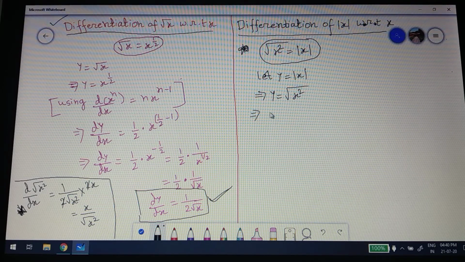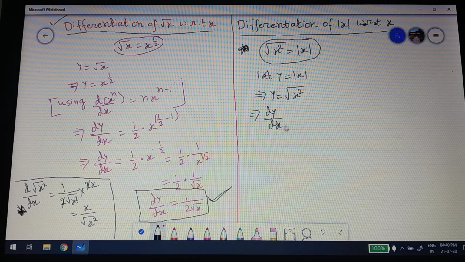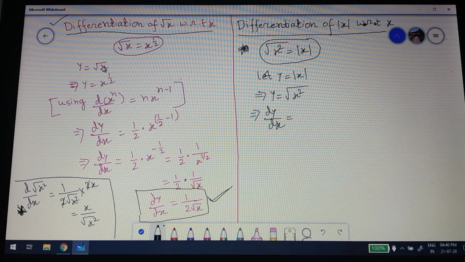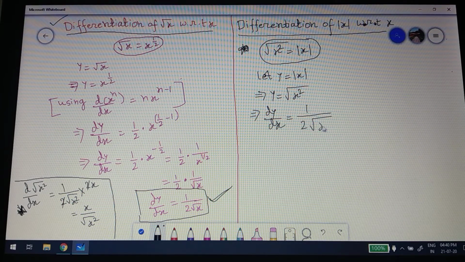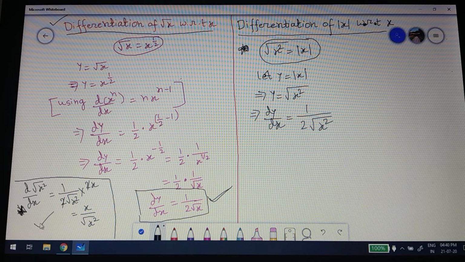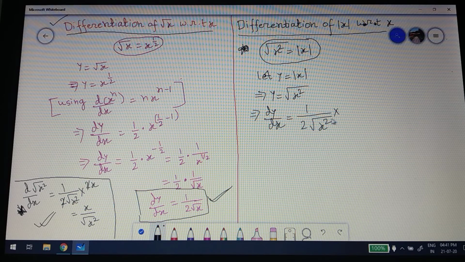Then start derivative. dy upon dx equal to, you see the left side, when it was root x, then the answer is 1 upon 2 into root x. Now I have root x square, as I have done here at this side, then here the derivative will be 1 upon 2 into root over x square, into, using chain rule, derivative of x square, that is inside the square root.